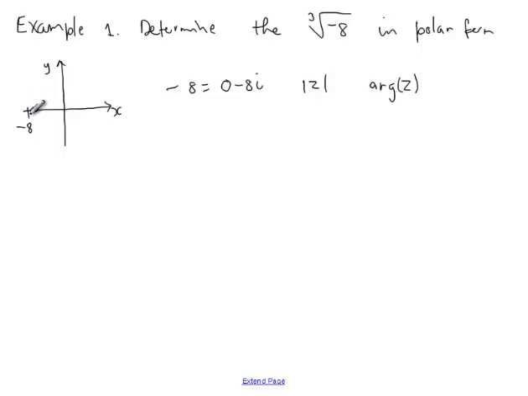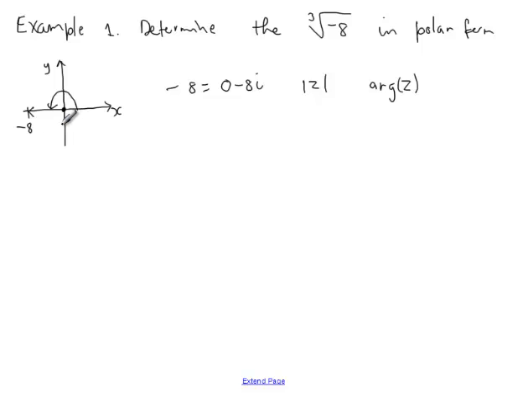If I want to represent it as a vector, I can put an arrow there for minus 8. The tail of that vector is the origin. Now the argument is the angle between the positive axis and that vector which determines the number. So the argument is this one.